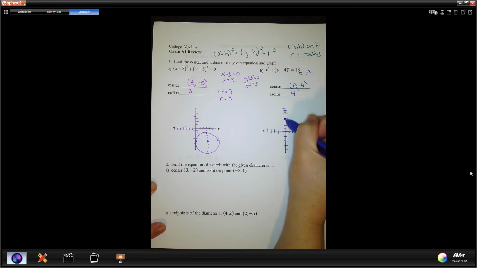From here we're going to go up 4, to the right 4, down 4, 1, 2, 3, and to the left 4. And then we would graph our circle.